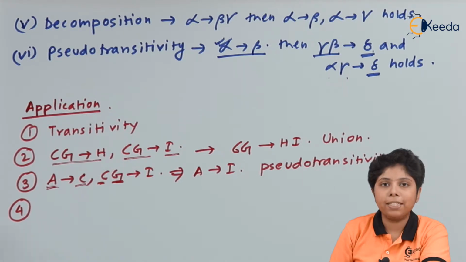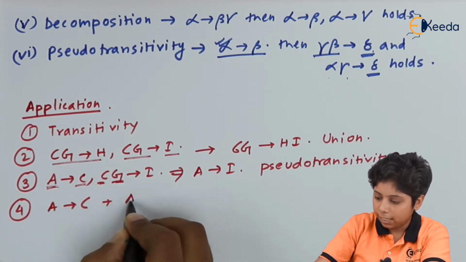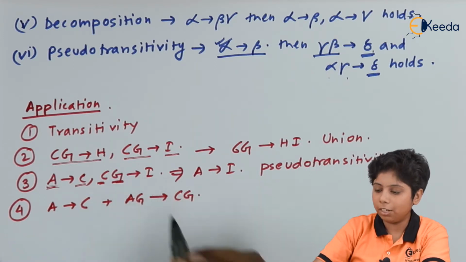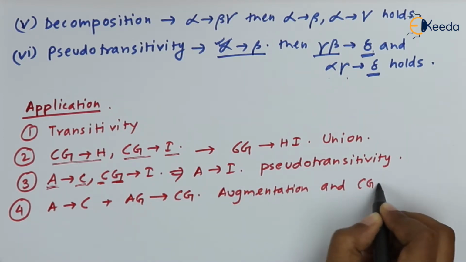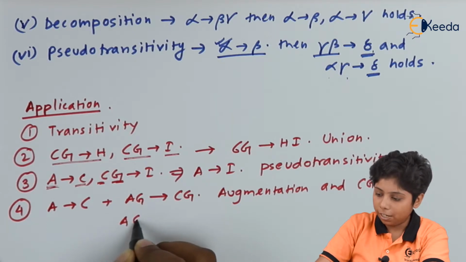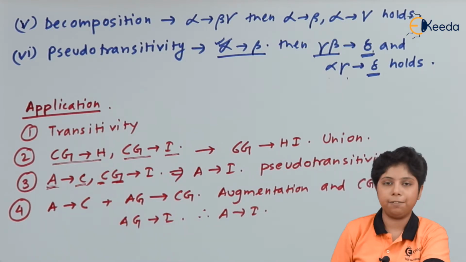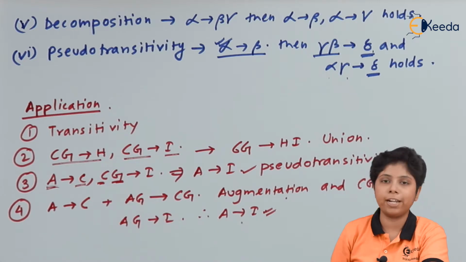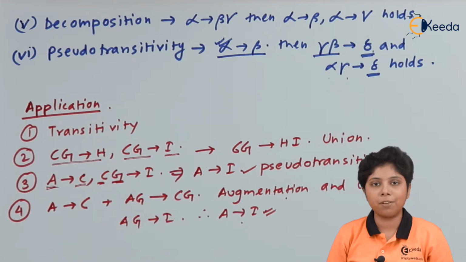Now we can also apply the augmentation rule: since A defines C, we can say that AG defines CG as the augmentation, and also CG defines I. So we can have AG defines I, or we can say A defines I. So we can have it as a pseudo transitivity or as a part of augmentation and transitivity. Those are the applications of Armstrong's axioms in our example or in any relation.